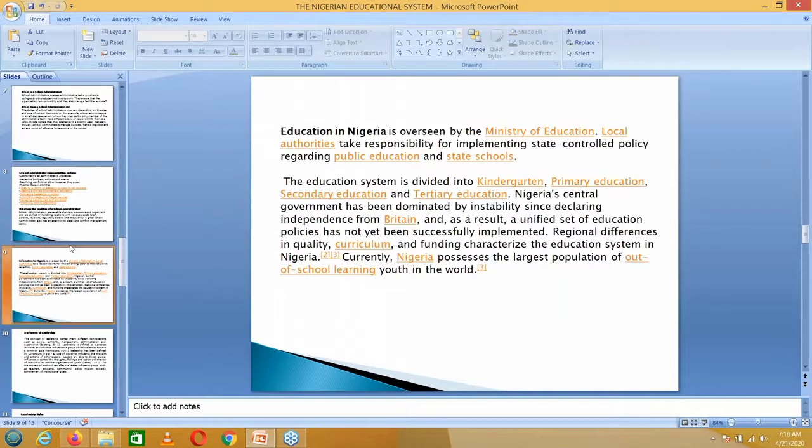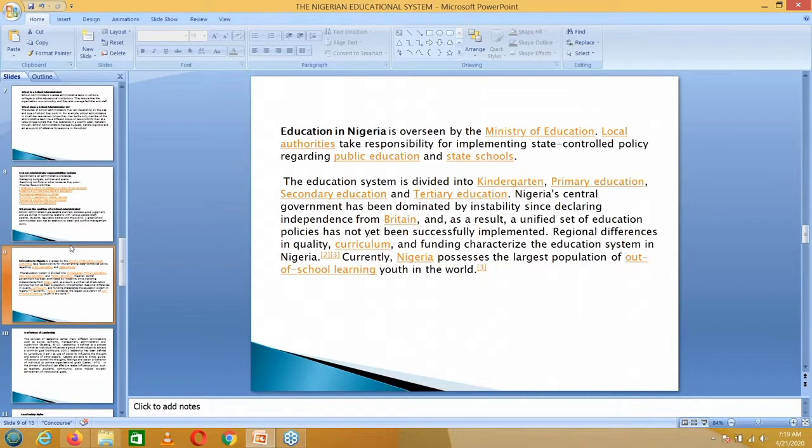Now let's look at the educational system in Nigeria. Education in Nigeria is overseen by the Ministry of Education. The local authorities take responsibility for implementing the state control policy regarding public schools and state schools. There are different policies regarding public schools and state schools. There are rules and regulations.